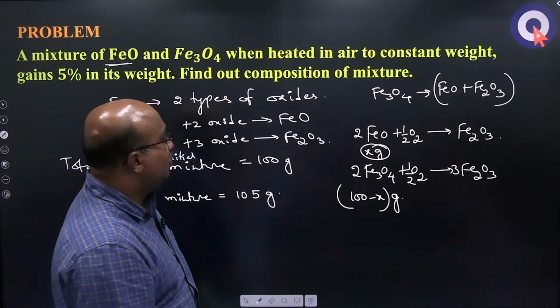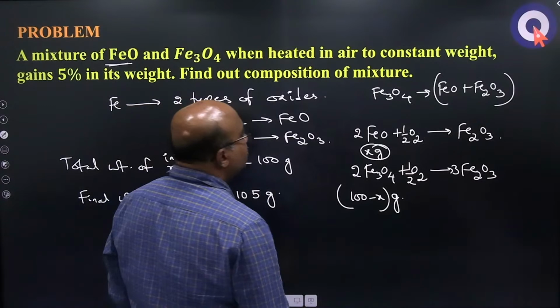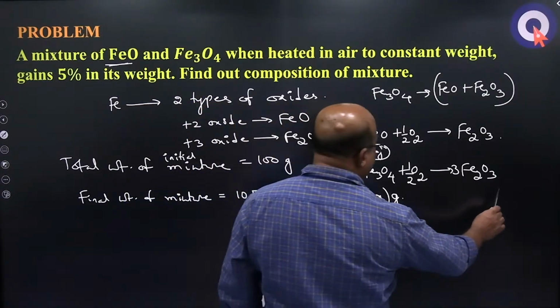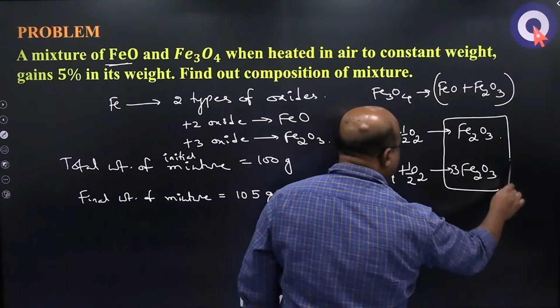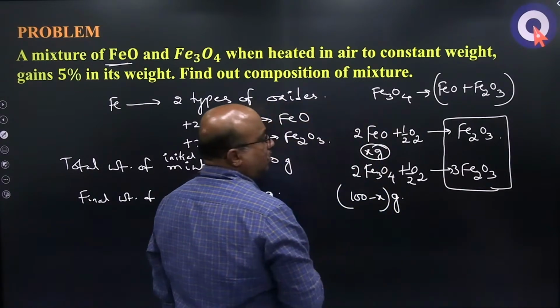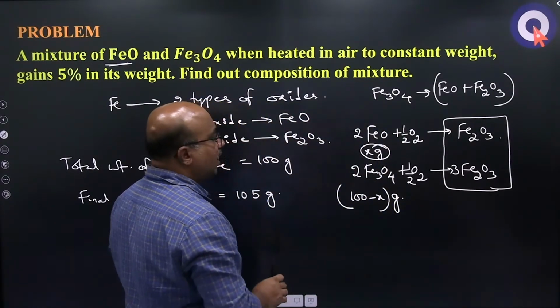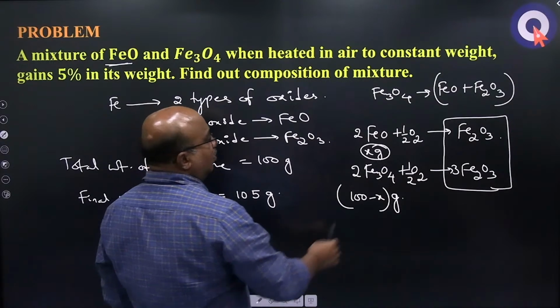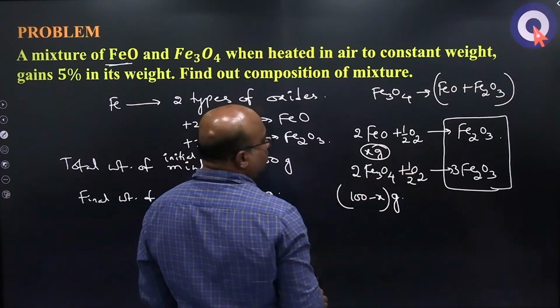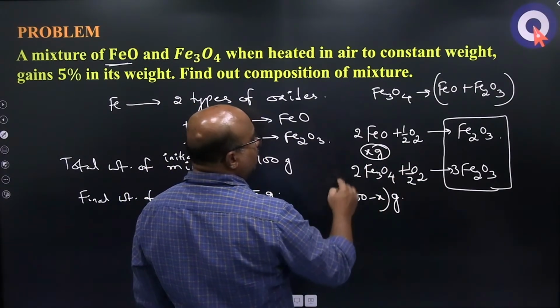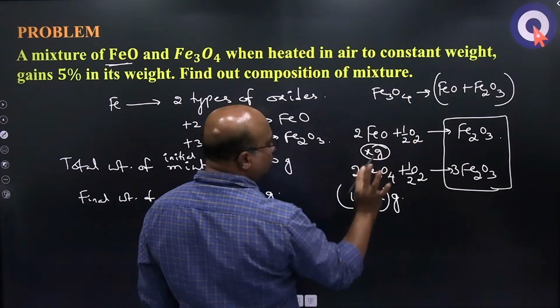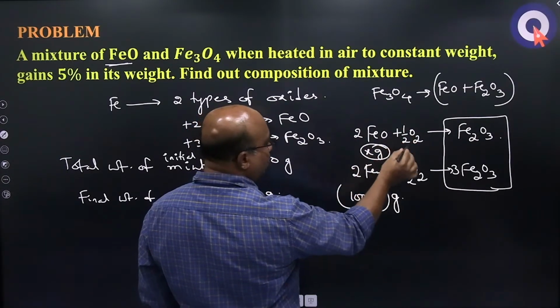Now we see what the total weight of the mixture should be. Clear? What is actually adding is only oxygen. For iron oxide, how much oxygen is required? For x grams, how much is required?